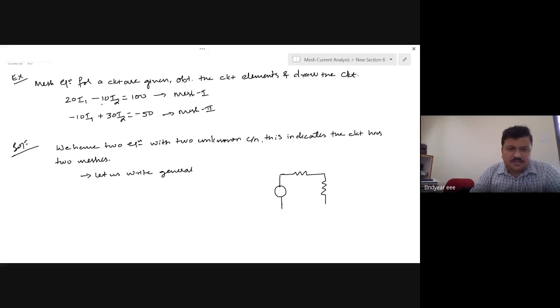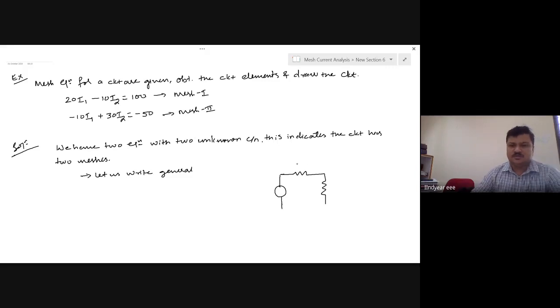So looking from mesh 1, the resistance through which current I2 is flowing is common, and there is another resistance through which I1 is flowing. If the coefficient of I1 is greater than the coefficient of I2 in mesh 1, it indicates there is one series element in mesh 1 which is on the perimeter of the mesh, and it is not common.